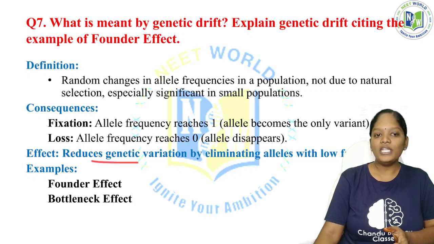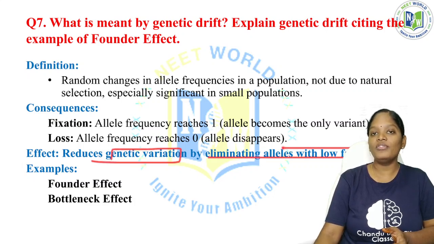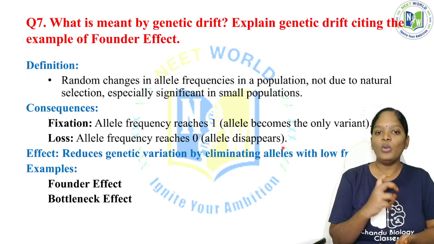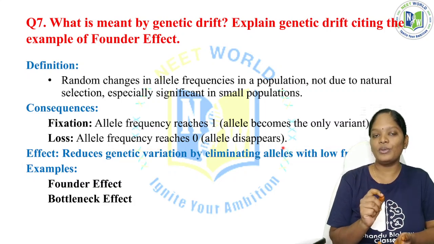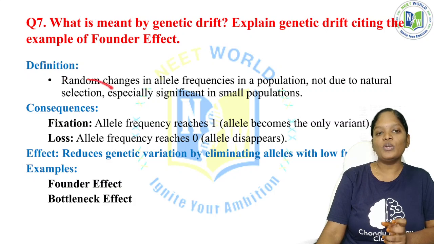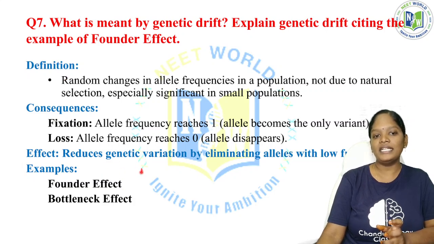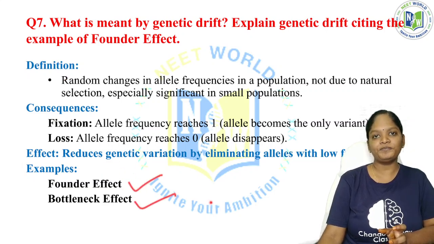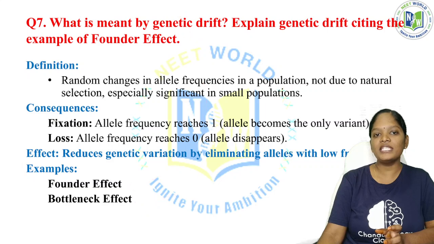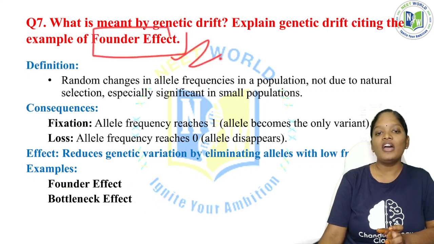So it reduces genetic variation by eliminating alleles with low frequencies. If a low frequency reaches 0, that variation is eliminated from the ecosystem. What are the examples of genetic drift? The founder effect and the bottleneck effect, and the question demands only the explanation of the founder effect.